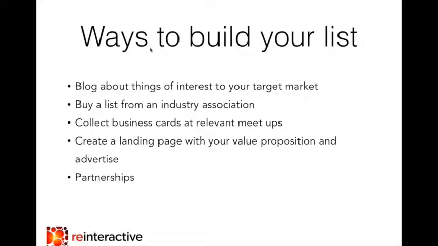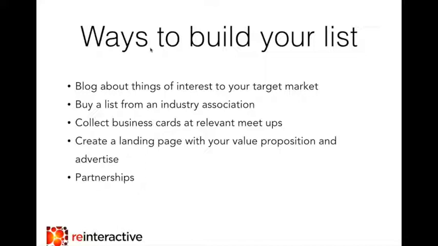Ways to build your list. There's lots and lots of different ways, and these are just a few that I like. You can blog about things that are interesting to your target market and put a newsletter sign-up form on your blog. You could buy an email list from your industry association. You could collect business cards when you go to relevant meetups.